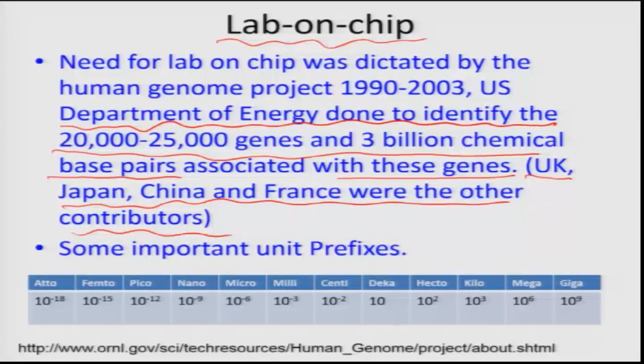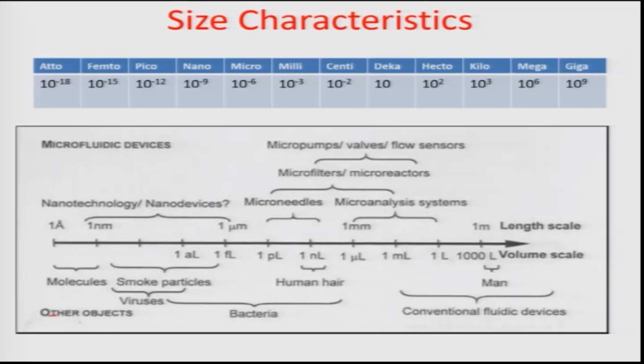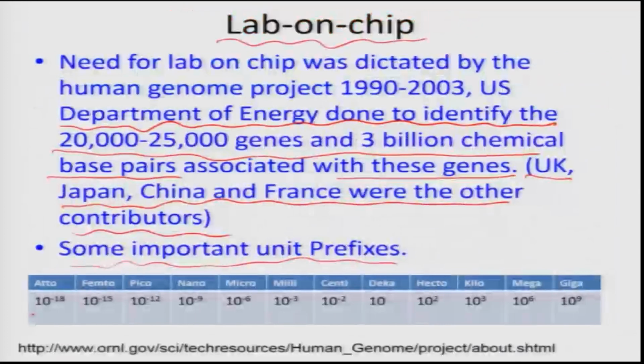So, while understanding the various scales across which such devices work, some important units which would typically come as we go along are atto, 10 to the power minus 18, femto minus 15, pico minus 12, nano minus 9, micro minus 6, milli minus 3, and then you have centi, deca, hecto, kilo, mega and giga.